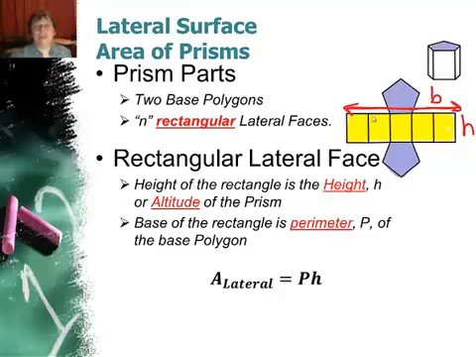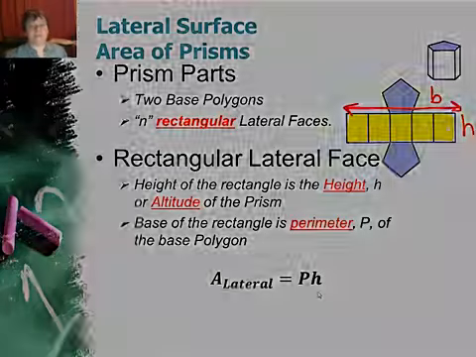Here, I'm trying to not confuse big B, which is the base, with little b, which is the base of, say, a rectangle or parallelogram. So this distance is a perimeter around that polygon. And so just to get the area, since we know that this is a rectangle, base times height, well, the base we said is the perimeter. That's where this formula comes from.